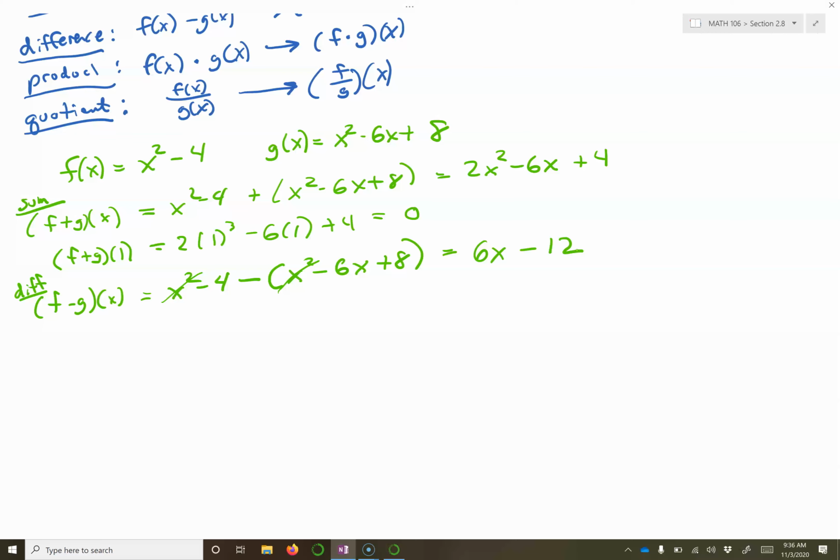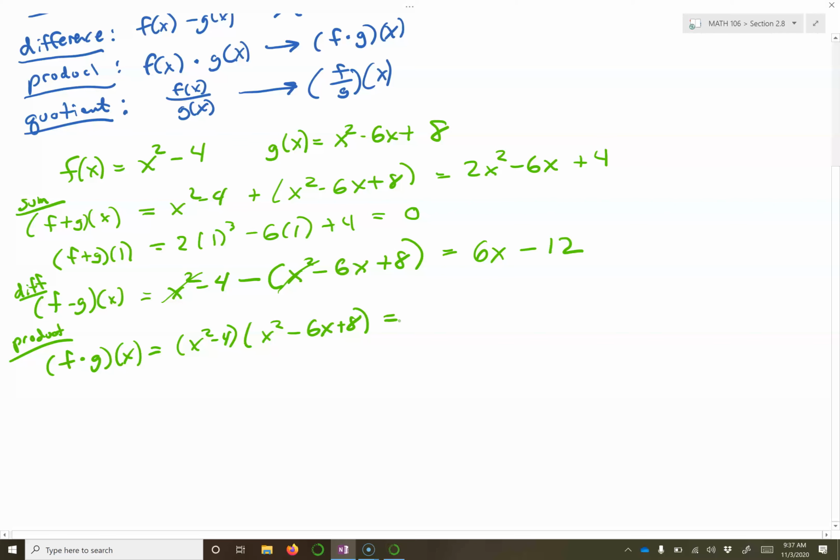All right, let's do the super annoying one: product. We're going to do f dot g of x, so this means we're going to multiply these things together. When I made this example, I was trying to get the fact that you'd get a different type of function in the difference, but then it made it so that we have to distribute this whole god-awful thing.